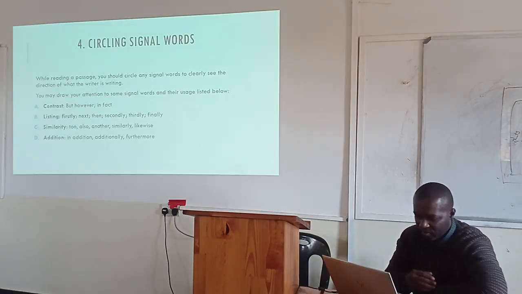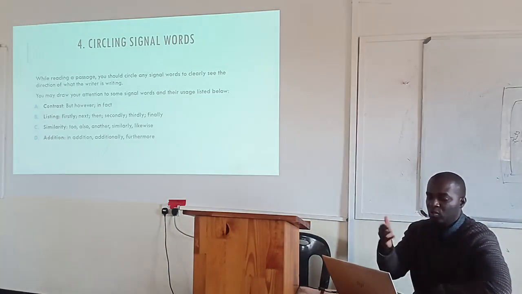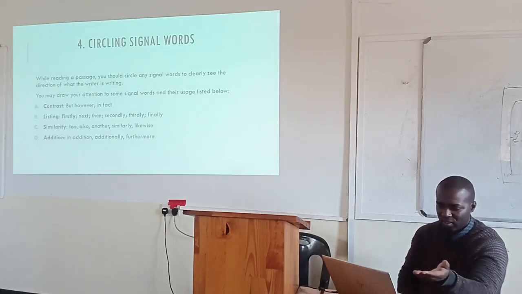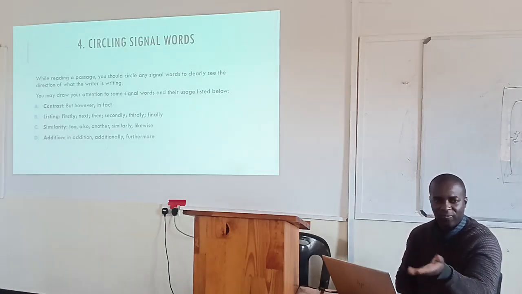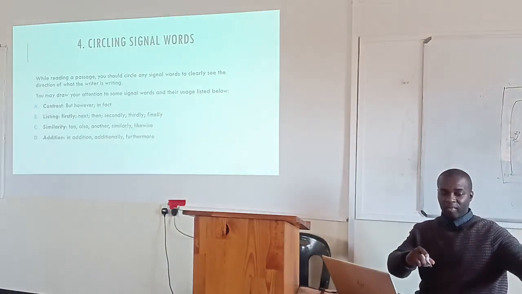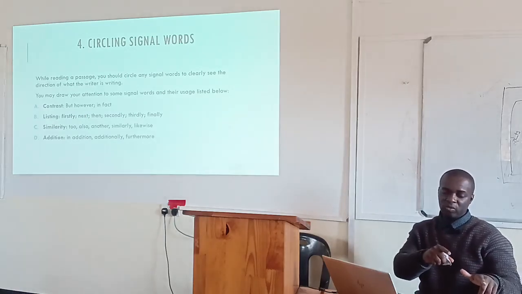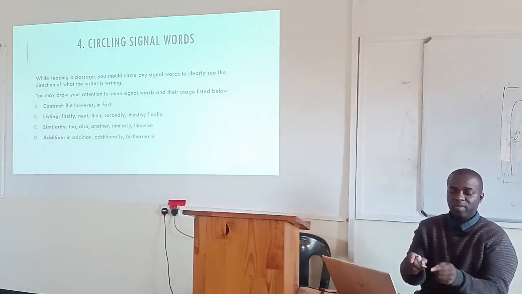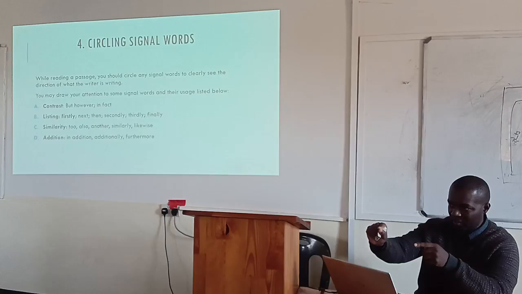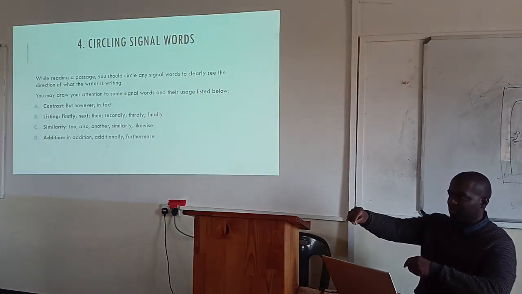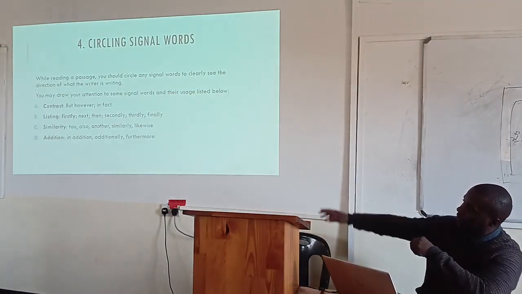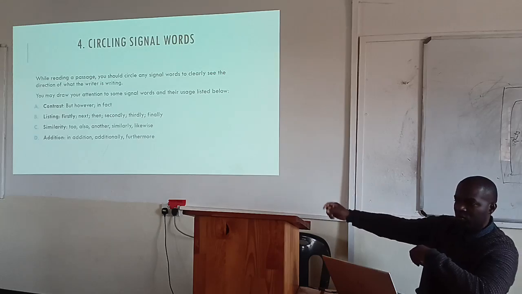As you are reading, you are going through, right? For example, some of the signaling words could be these words. There's a word that shows contrast, right? Words like but, however, in fact, those are signaling words, because you can have a sentence whose meaning may not be a complete thought because of this signaling word. So you should be able to know there's a but here, or there's a not. Some of the words will show you a connecting word, not.